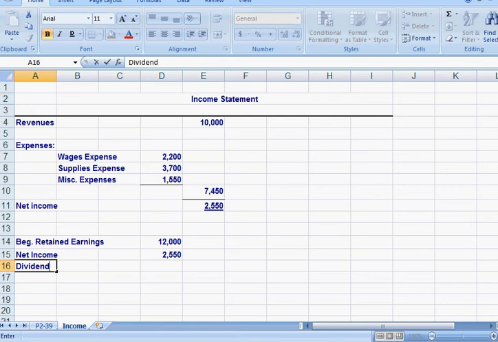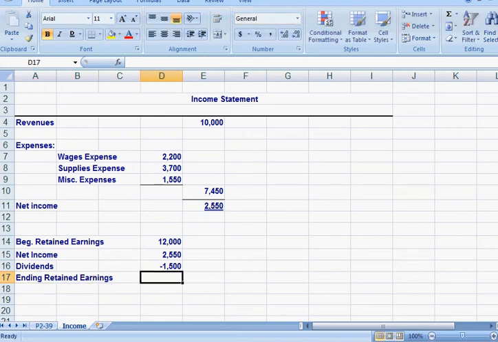We're going to look and see if they paid any dividends. In this case, they did, $1,500. And this is going to be our ending retained earnings. So basically, you're going to take the $12,000 plus the $2,550, subtract $1,500, and your ending retained earnings would be $13,050.